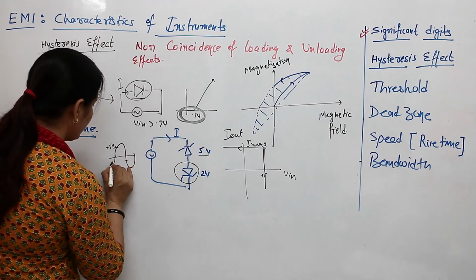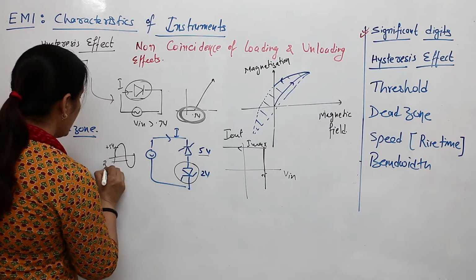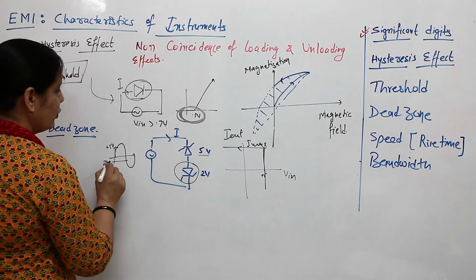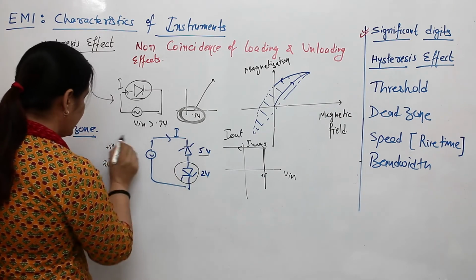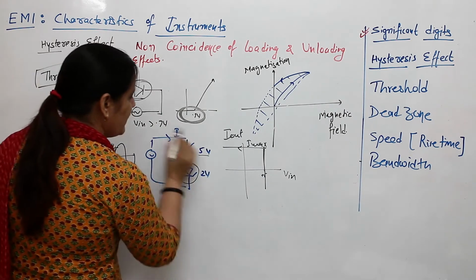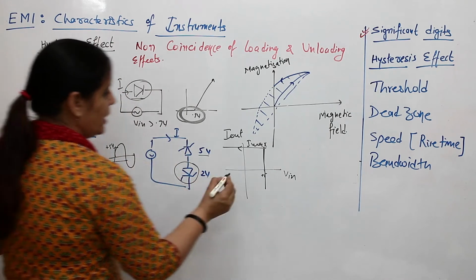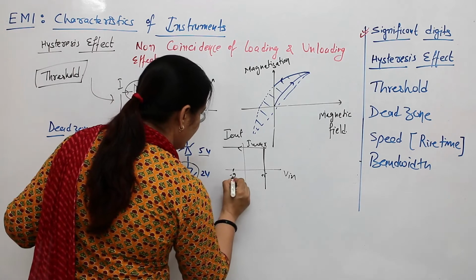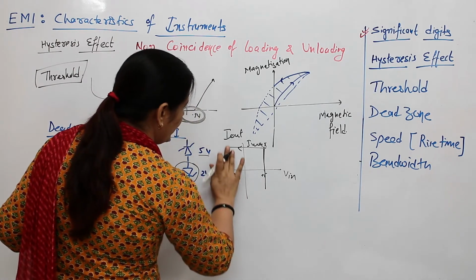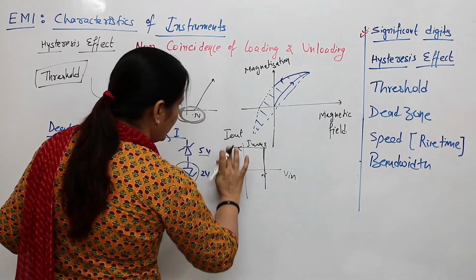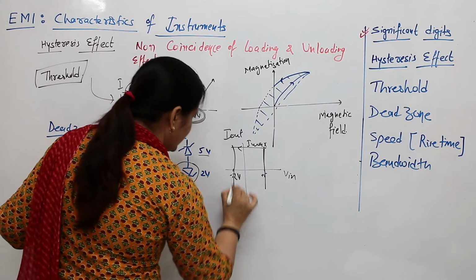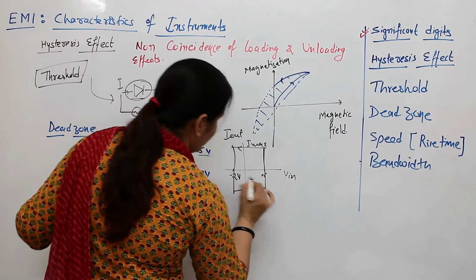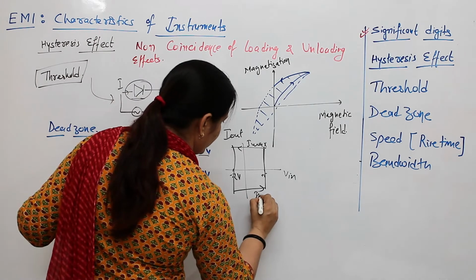So in negative polarity, up to minus 2 volt, there will be no current, and all of a sudden there will be a current in the reverse direction, I maximum.